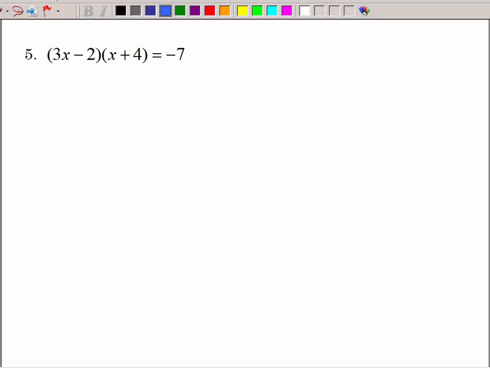All right, this last example, you have a lot of work to do to get it in standard form. So we need to FOIL it out. Set it equal to 0, so I'm going to add 7 to both sides.